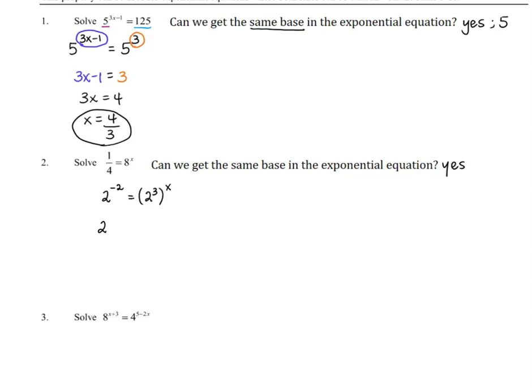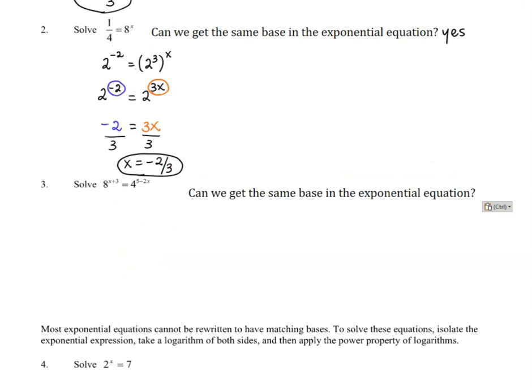Rules of exponents tells me that we combine these exponents on the right hand side by multiplying to simply give us 3x in the exponent. Now we're ready to apply the exponential one-to-one property, which tells us that we can simply set our exponents equal to each other. Now we're ready to solve for x by dividing both sides by 3 to give us that x is equal to negative 2/3.